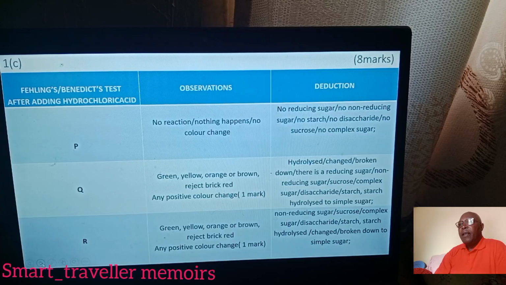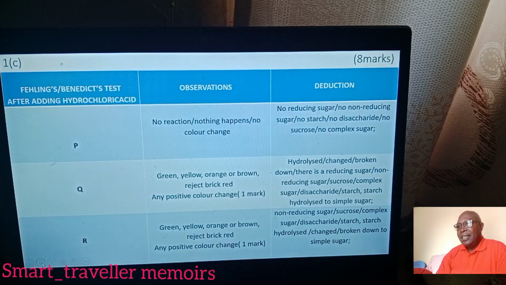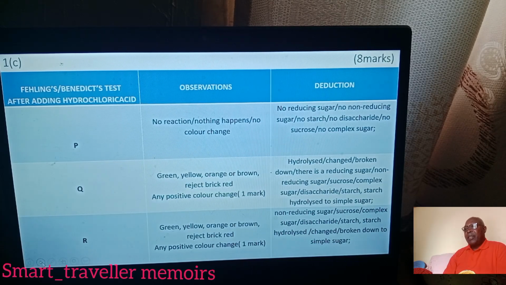So, 1C, after doing Benedict's test and then adding hydrochloric acid, or after adding hydrochloric acid, you do Benedict's test.